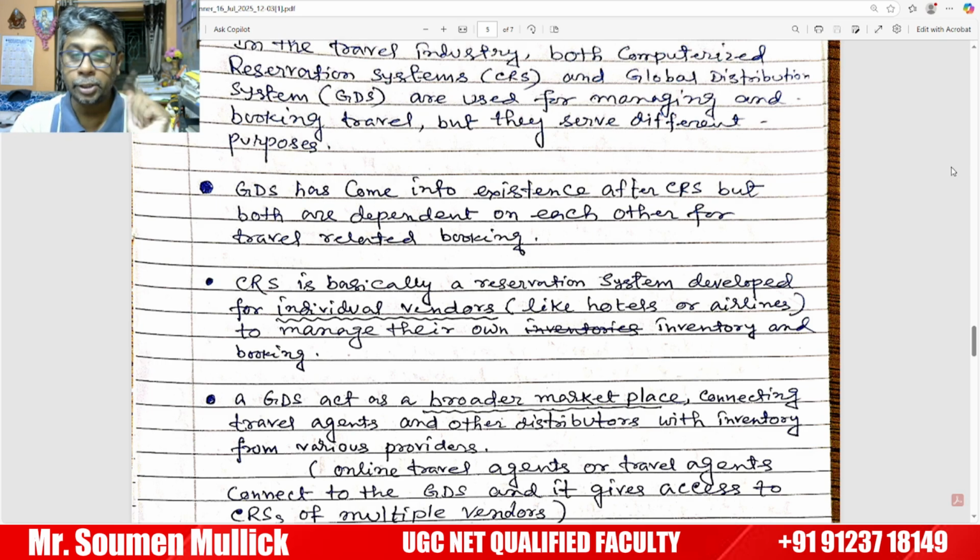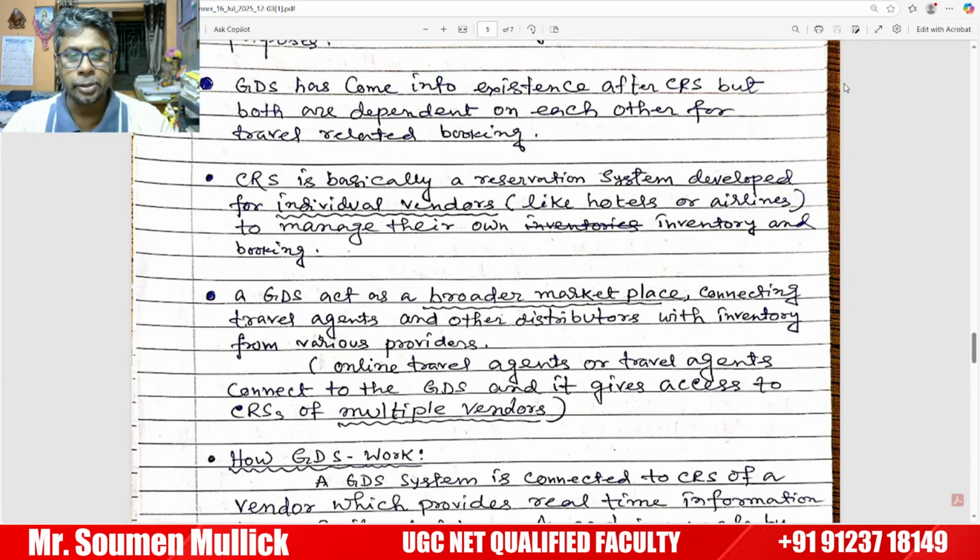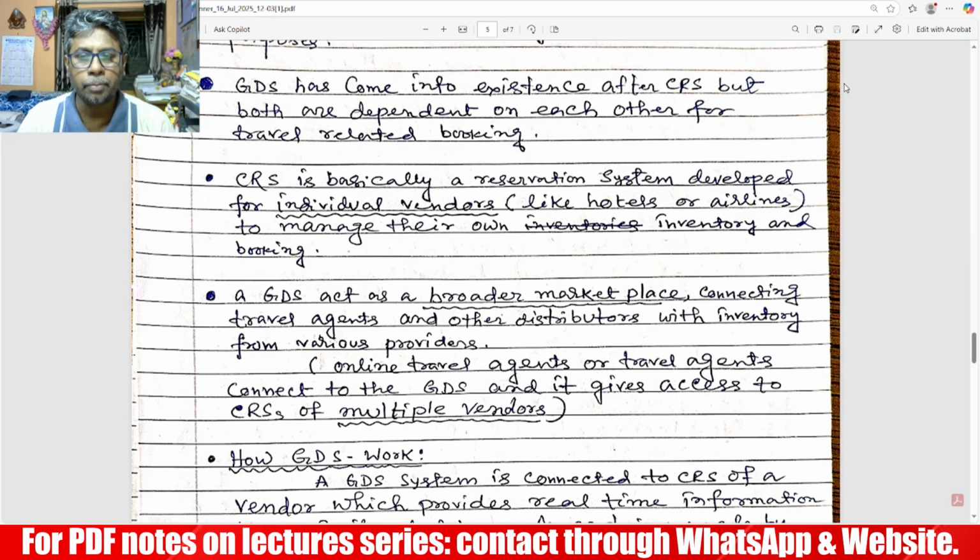But in the case of GDS, GDS is a broader marketplace connecting travel agents and other distributors with inventory from various providers. Online travel agents or travel agents connect to GDS and it gives access to the CRS of multiple vendors.